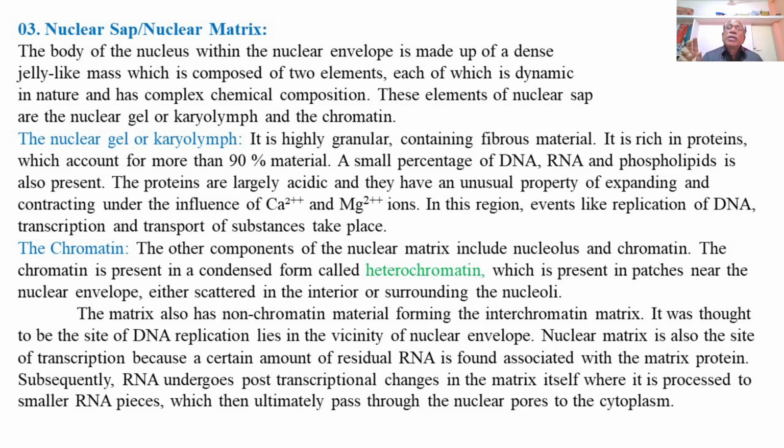These chromosomes consist of two types of chromatin material, heterochromatin and euchromatin.